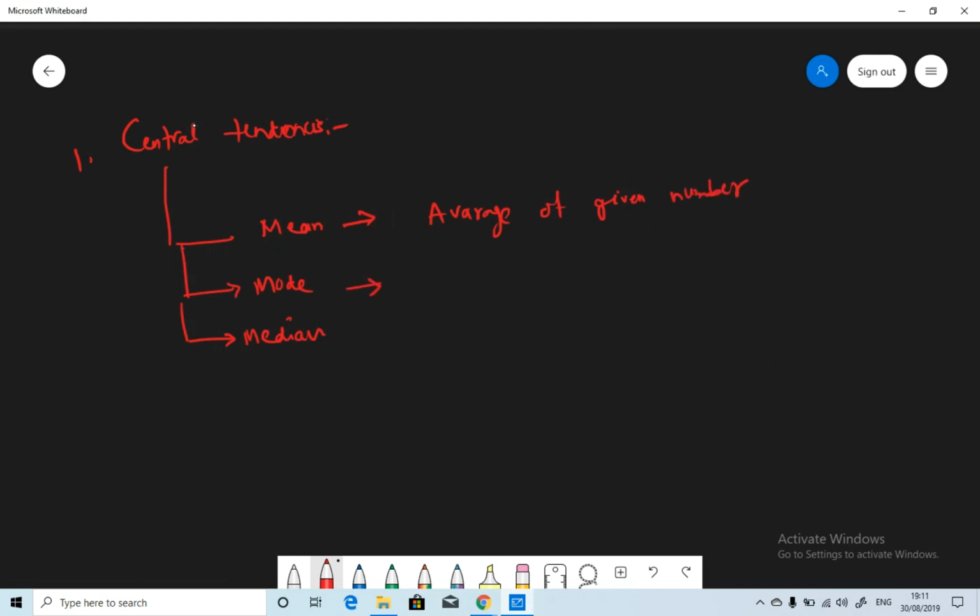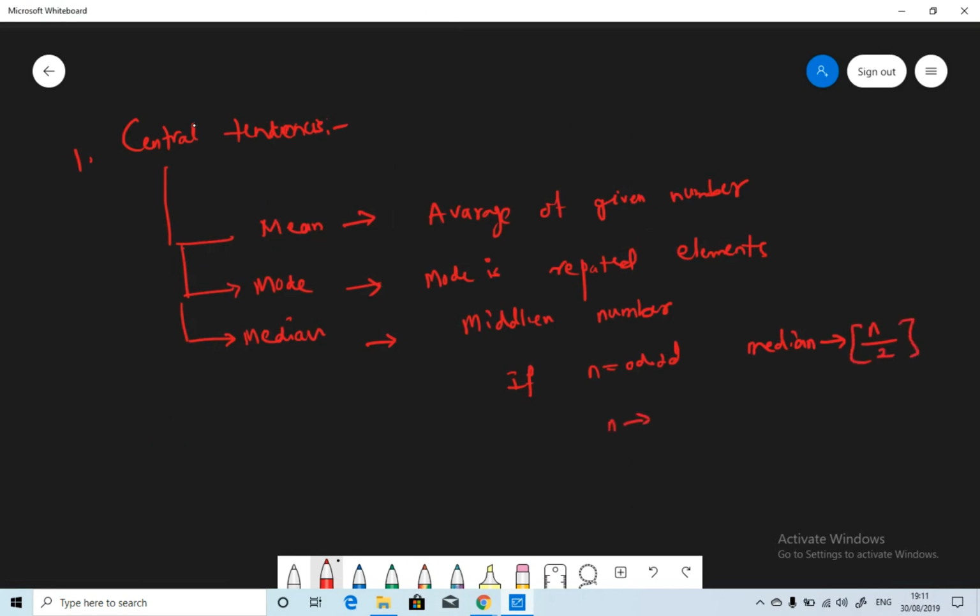What is a mode? Mode is the repeated element. Median is the middle number. If n is odd, median equals the middle number, n by 2, right? If n is even, then we take the average of the two middle numbers.